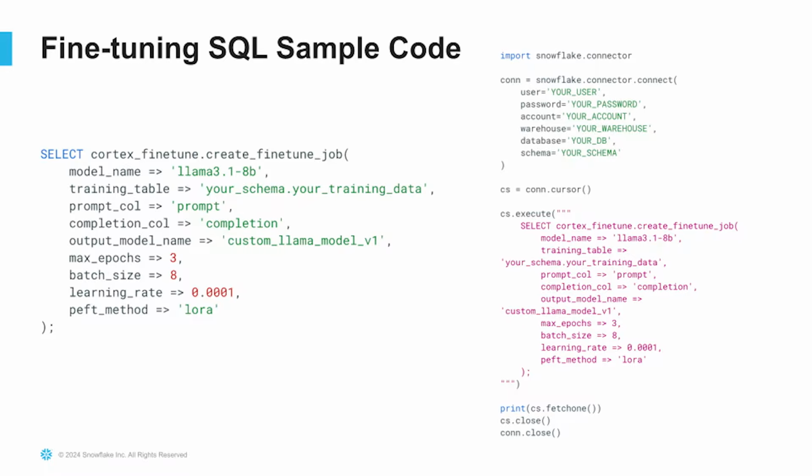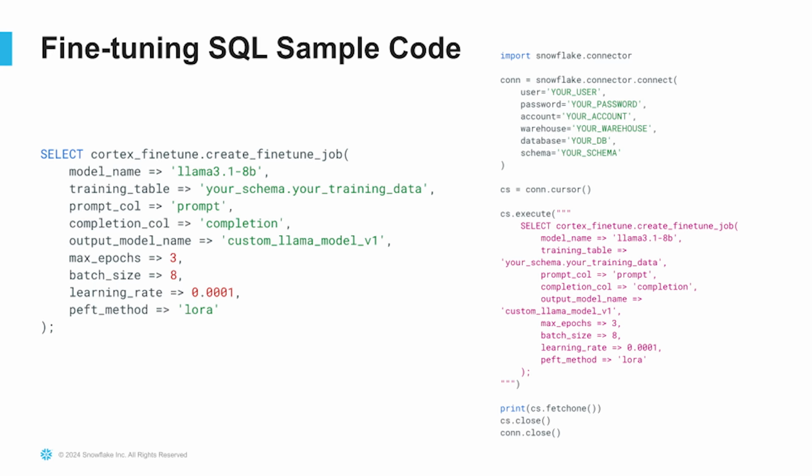So here's an example of how you would do fine-tuning, and all of this code can be added directly as a SQL cell into your notebook. So you have your training table, your training data. You set your model name, you have your prompt, completion, output model names, epoch size, batch size, learning rate.